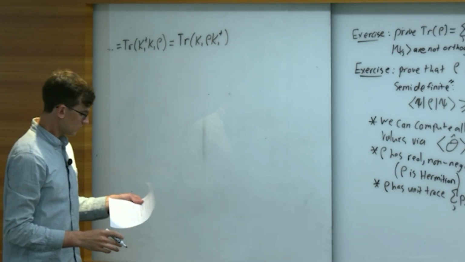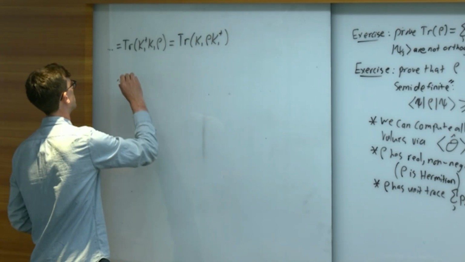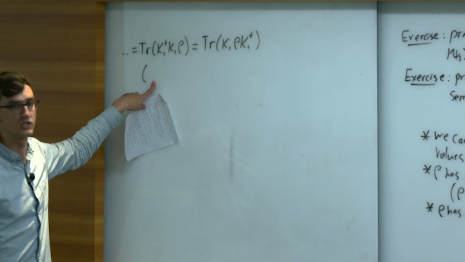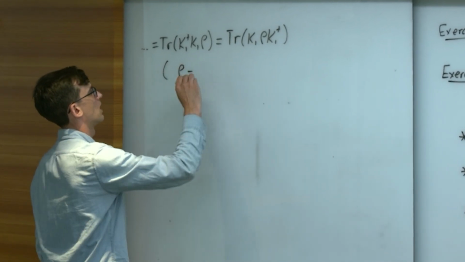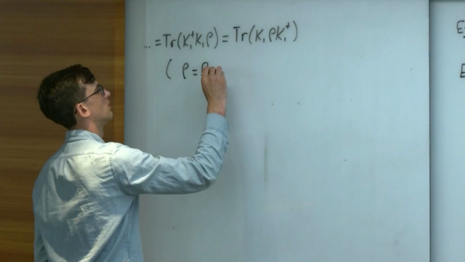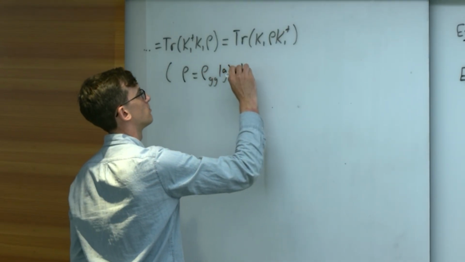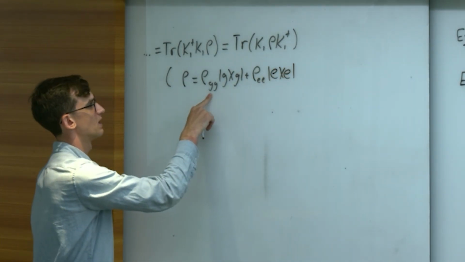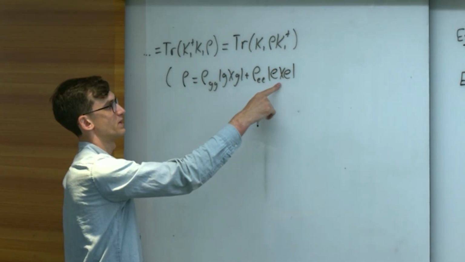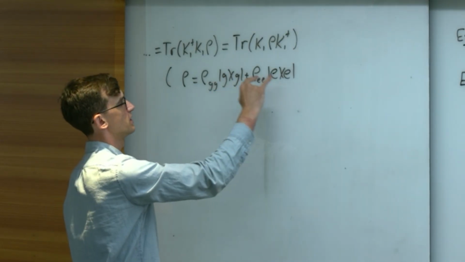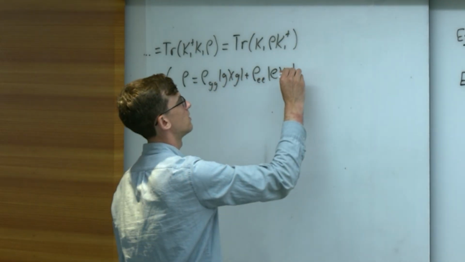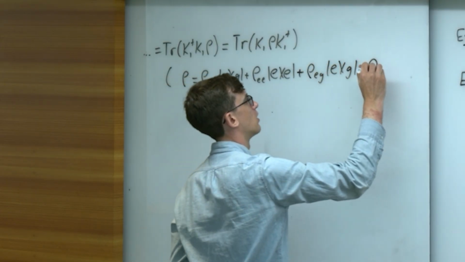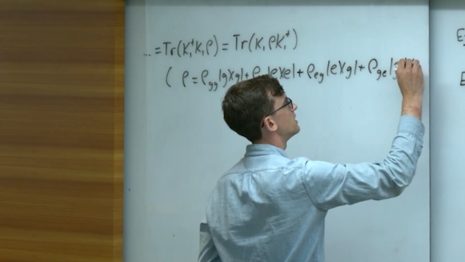And now I'm going to write my density matrix rho in its most general form: rho_GG |G><G| plus rho_EE |E><E|, where these are the entries of the density matrix corresponding to the GG and EE operators, plus rho_EG |E><G| plus rho_GE |G><E|.